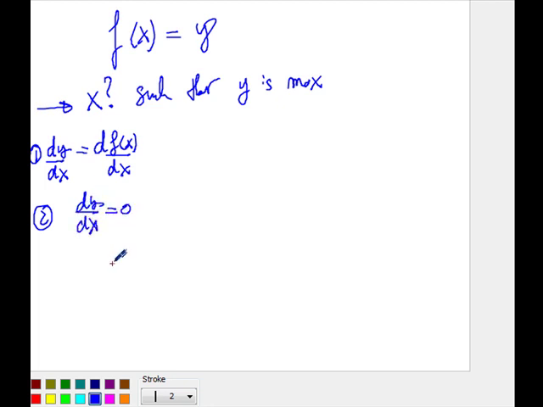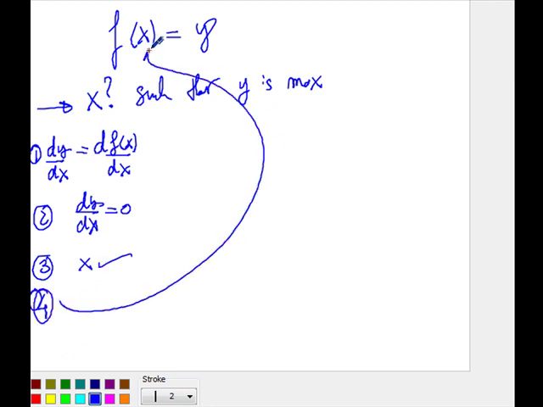Step 3 is to actually solve for x once you've done that. And then step 4 is to take that x that you just obtained, put it back in your original functional form of y, and this will give you y max. Okay? That's the recipe in calculus. And that's exactly what we want in physics.